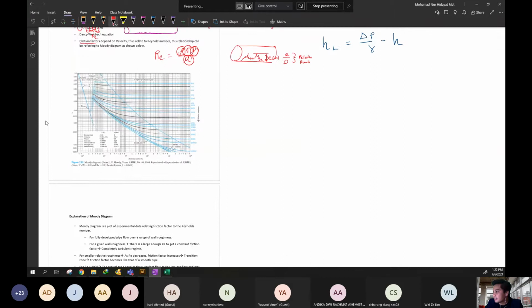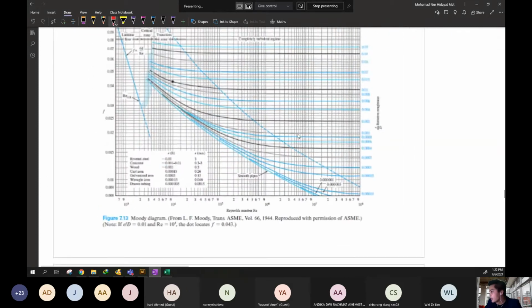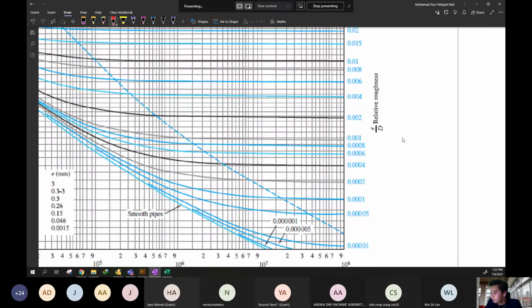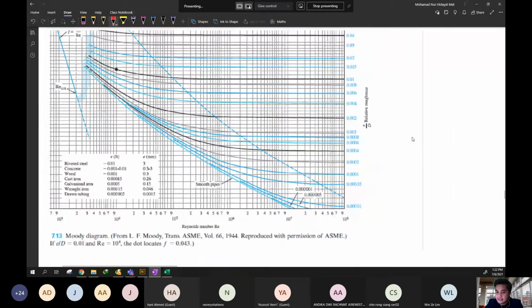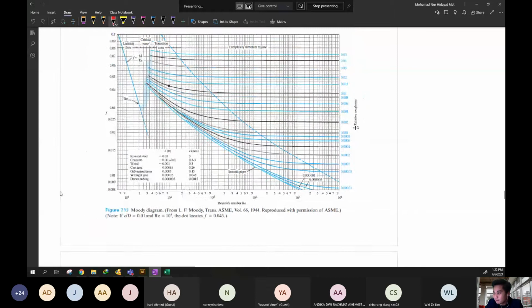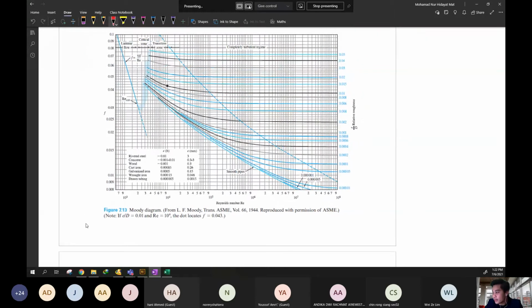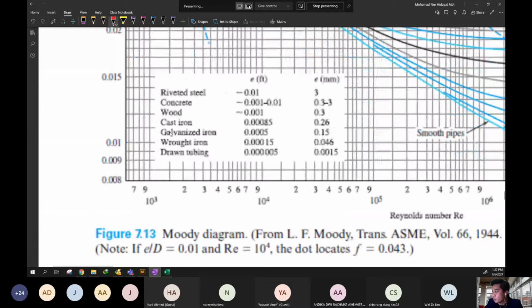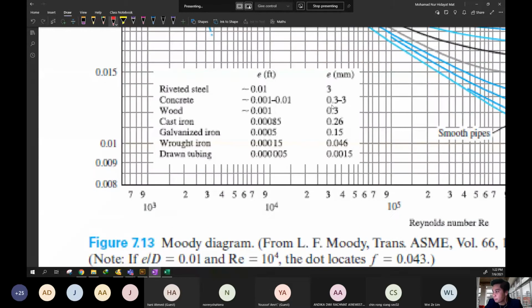You can see this in the Moody chart: relative roughness E over D. A certain pipe or material will have a different kind of E. For example, concrete has E equal to 0.323 mm.